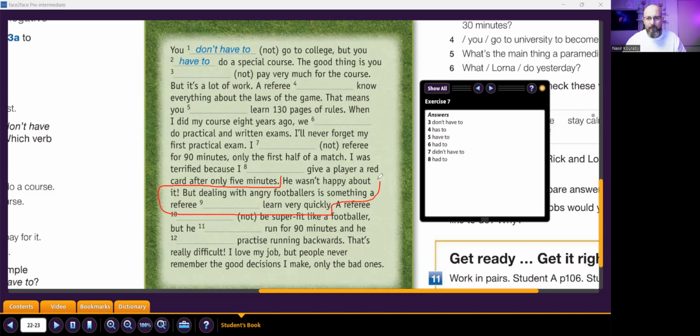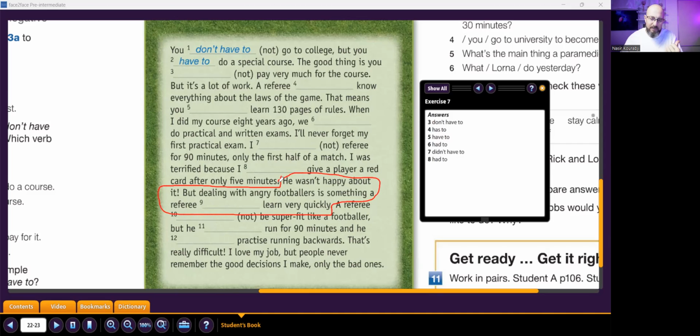Do we talk about present or past? Now you should be smarter to understand this. We talk about a player. He wasn't happy about it. Who? The player. When? In the past. But dealing with angry footballers is something.